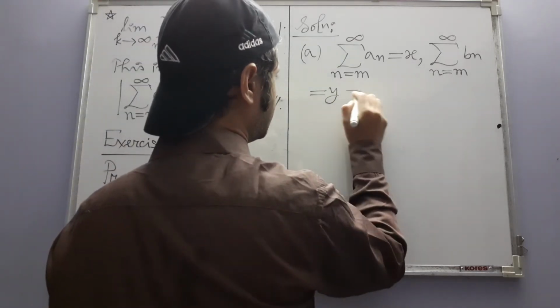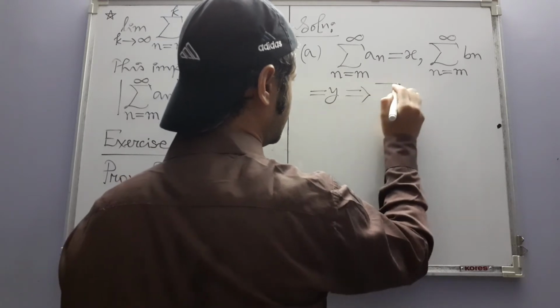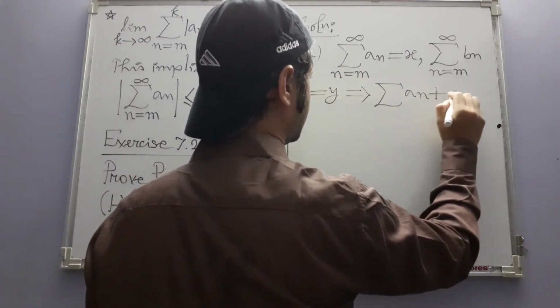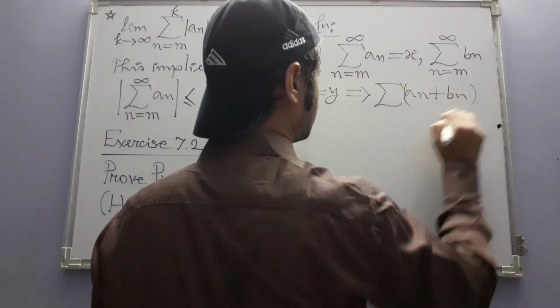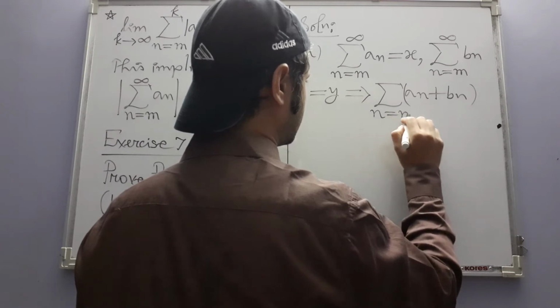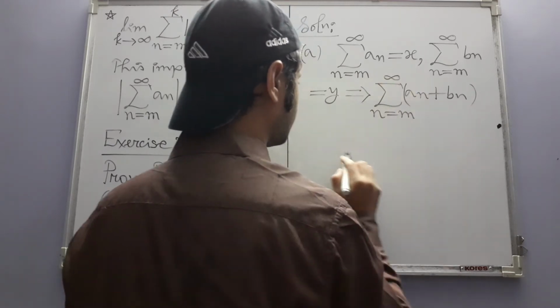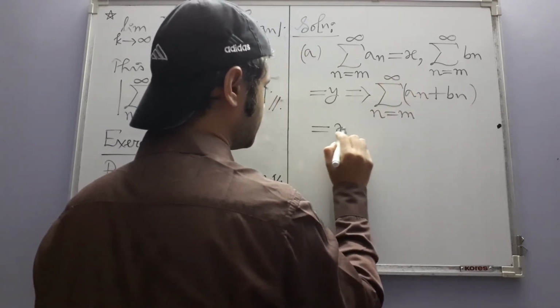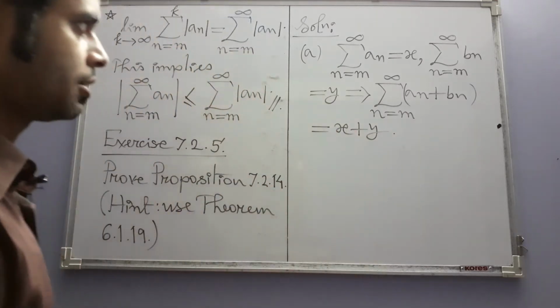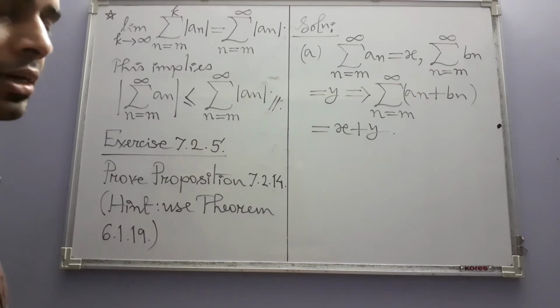Then this infinite series a_n plus b_n, whose terms look like this, is also convergent and its sum is just the sum of these two sums, x plus y. And there is a part B also.